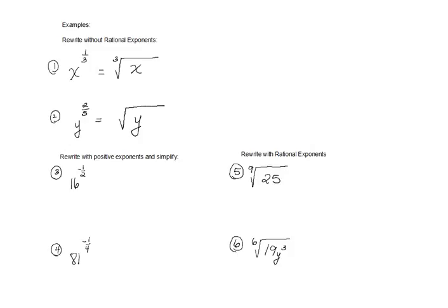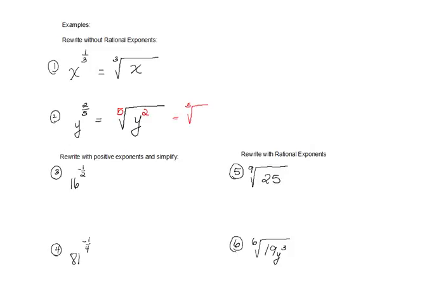Every time the denominator is going to be the root and the numerator is going to be the exponent. The way I remember that is the numerator is up top, just like an exponent is, so it just reminds me that that stays up top. We could have written this as the 5th root of y squared. Either way is accurate.